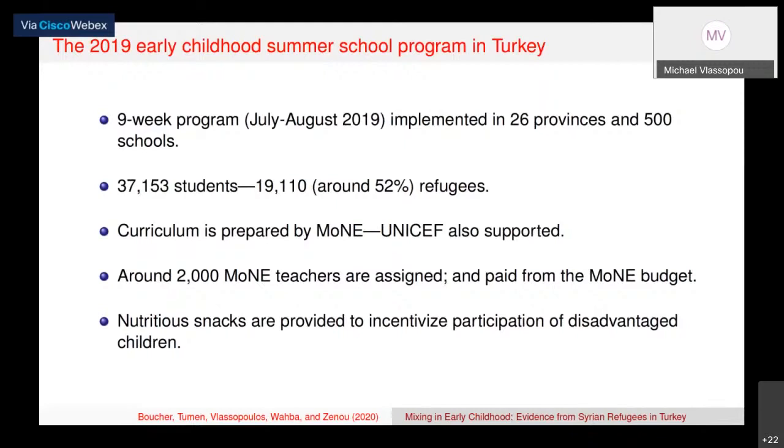The curriculum is prepared by the Ministry of Education of Turkey with input from UNICEF, and around 2,000 teachers signed up voluntarily to be part of this program.